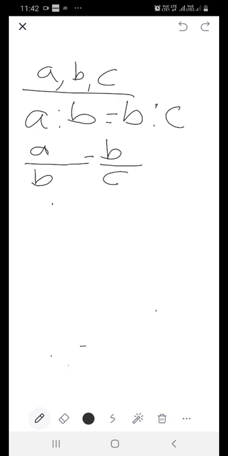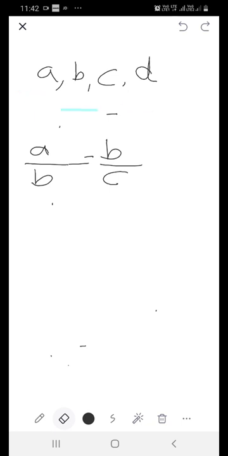Suppose I give you four numbers in continued proportion instead of three. There is a difference between A, B, C, D in proportion and A, B, C, D in continued proportion.